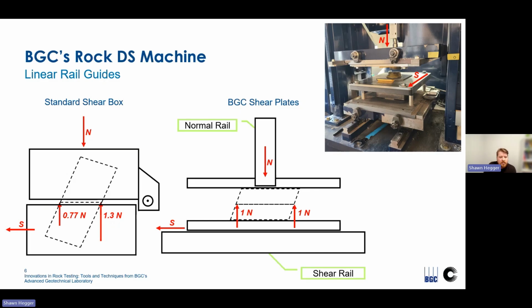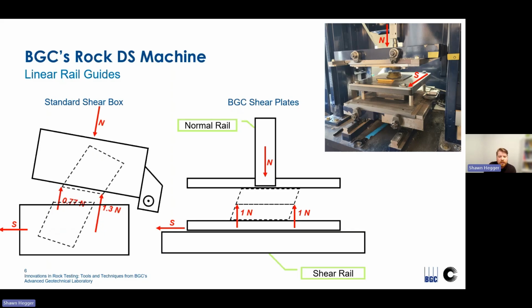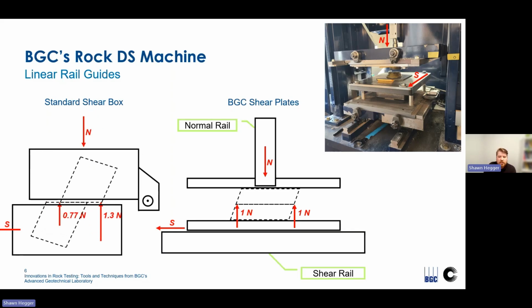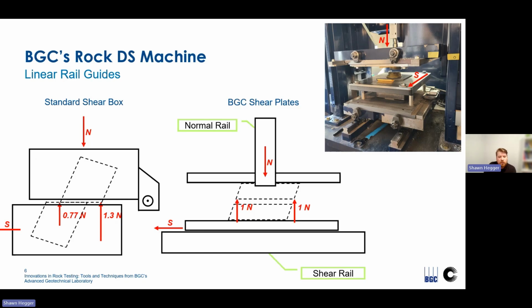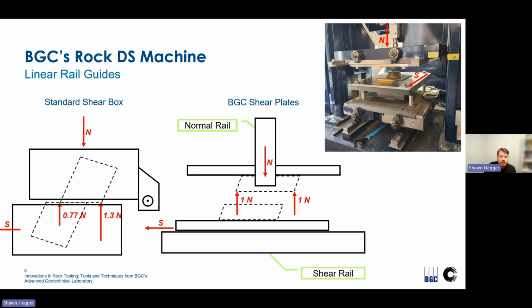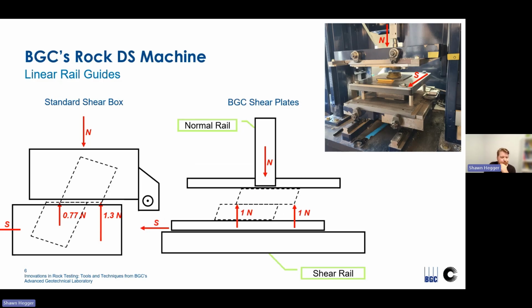However, this setup has sample contact occur preferentially near the pivot point, and this issue often results in stress concentrations and sample damage near that pivot point. So to prevent this, the BGC direct shear machine incorporates low friction linear rail guides, which keep the samples from rotating.